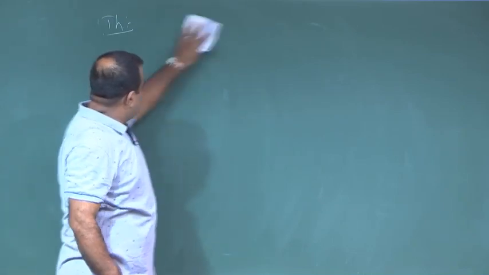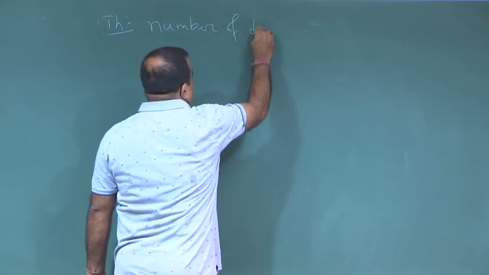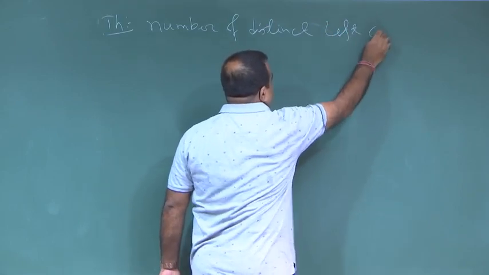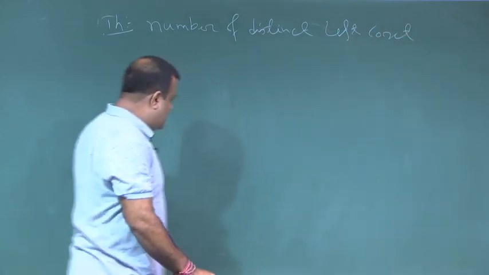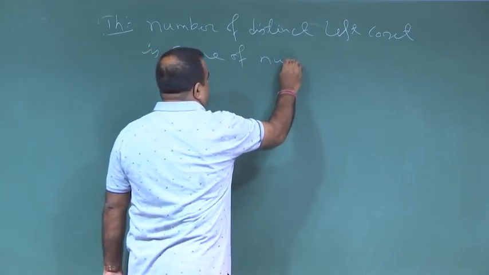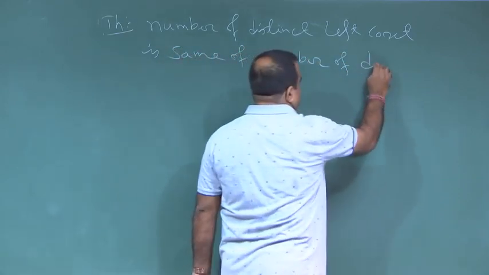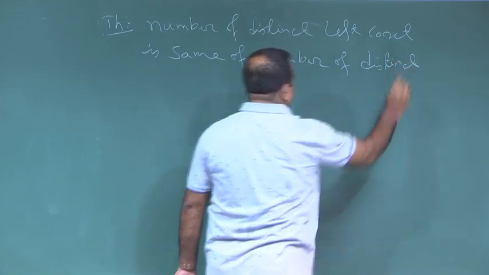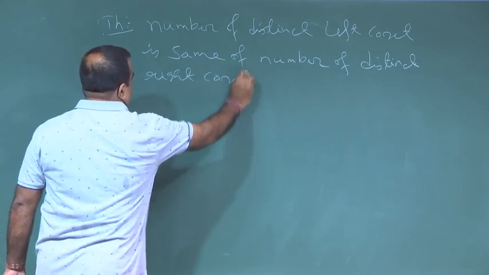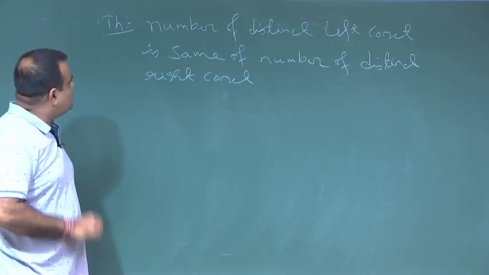This theorem is telling that the number of distinct left cosets is the same as the total number of distinct right cosets.